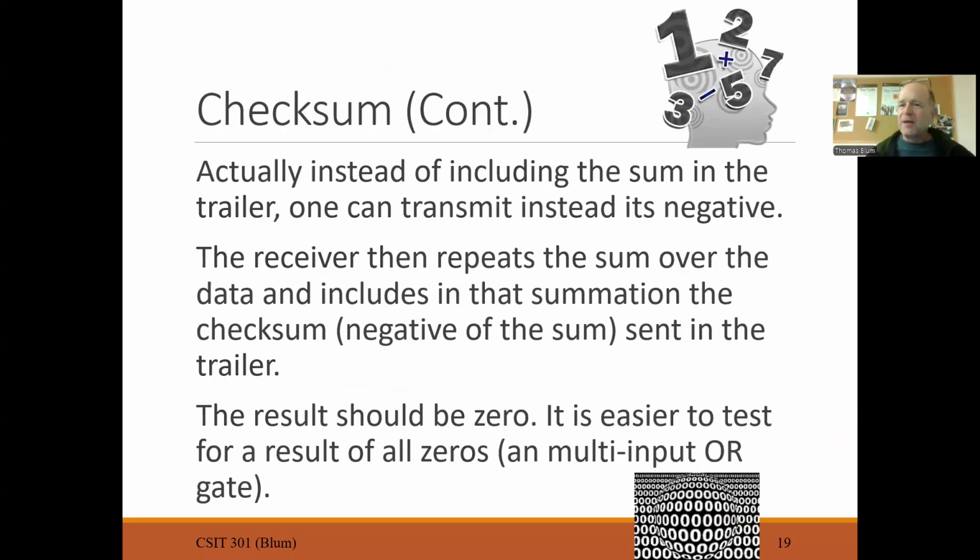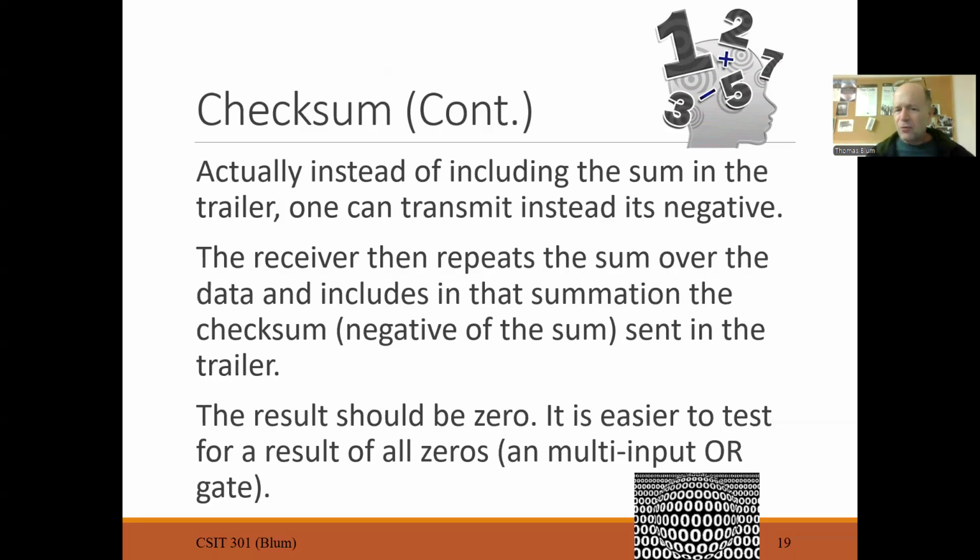Now, in real life, they do something slightly more clever. They calculate the sum, breaking it up into the 16-bit units and adding them up. But instead of transmitting the result of that sum, they take the negative of that sum and transmit that.